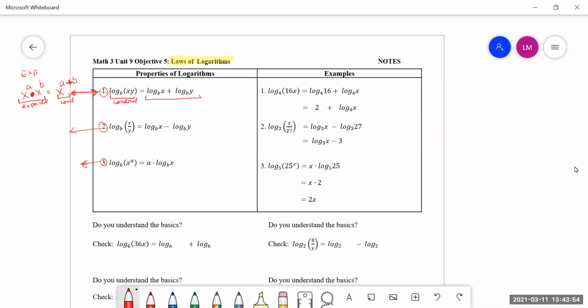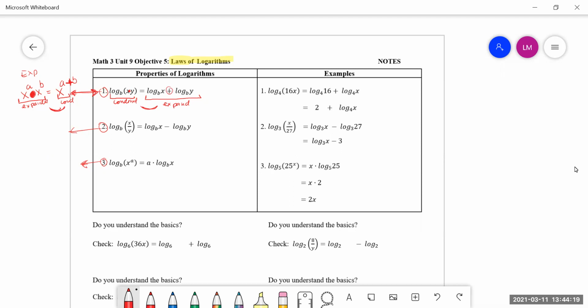So when I expand, it becomes an addition. It's kind of like the inverse. Of course it is the inverse, because logarithm is the inverse of exponents, okay? But when we have a multiplication, it becomes an addition. When I have a multiplication here, it becomes an addition when I expand it.